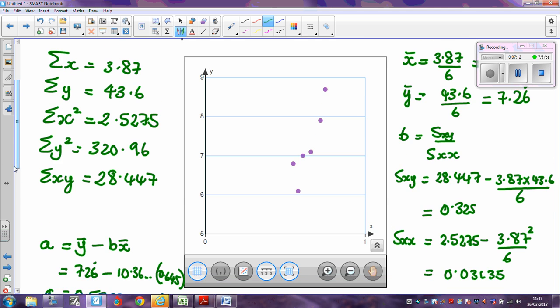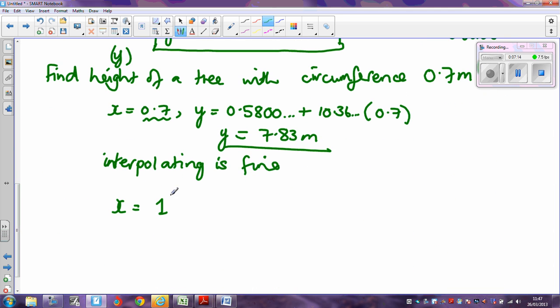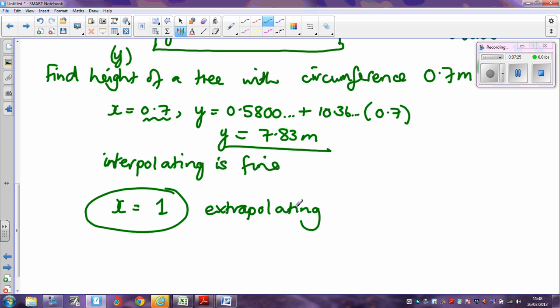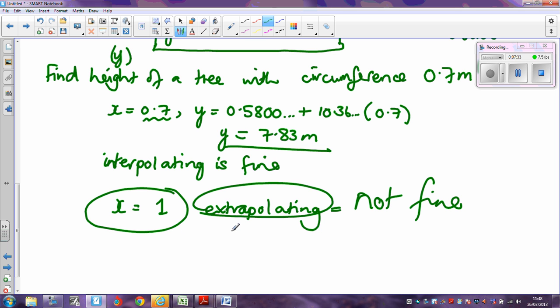So it might not necessarily be accurate. Trying to read something off a graph which is outside the range of the available data is called extrapolating. And extrapolating is not fine. Going outside the range of the available data is not good.